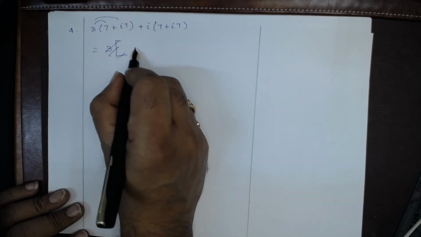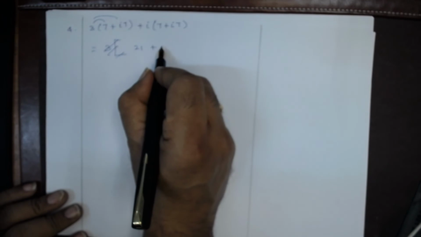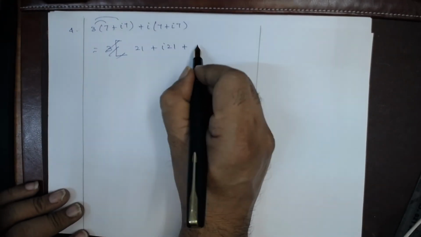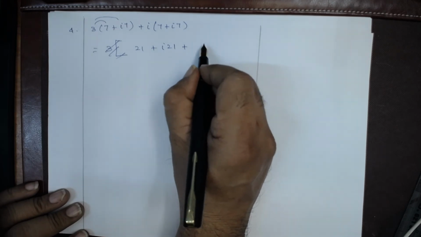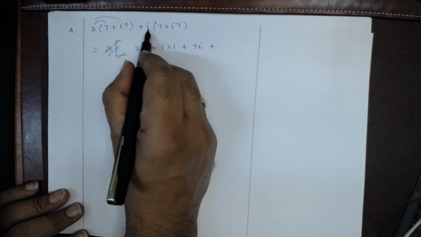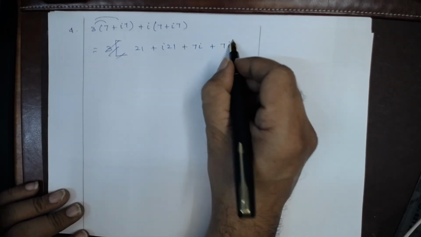So 7 3s are 21, and this one 3i, plus 7i, is it not? 7i, and this one i squared into 7, 7 i squared.